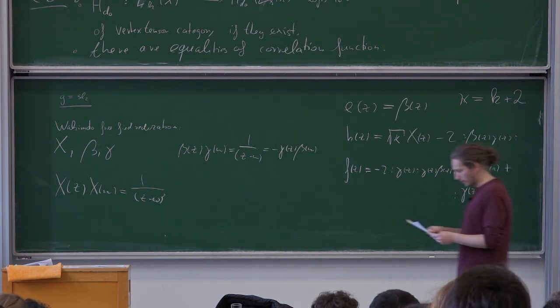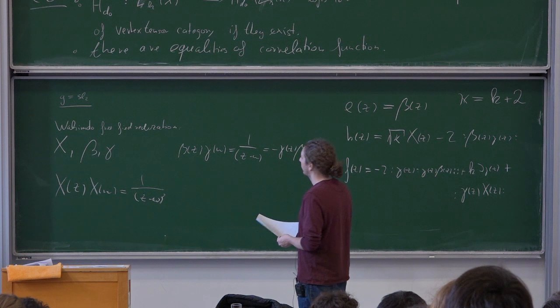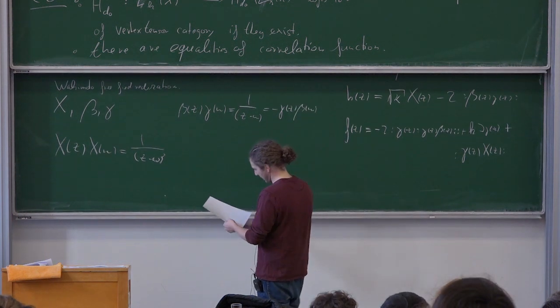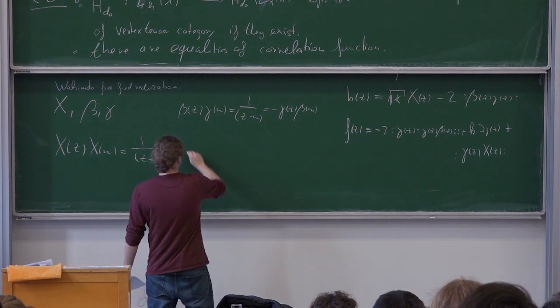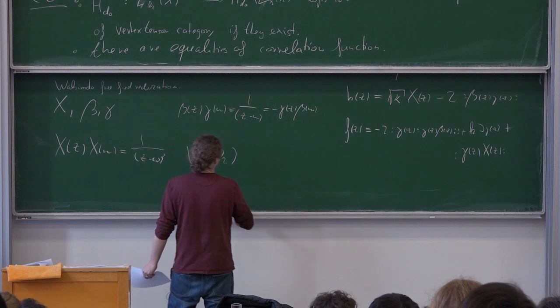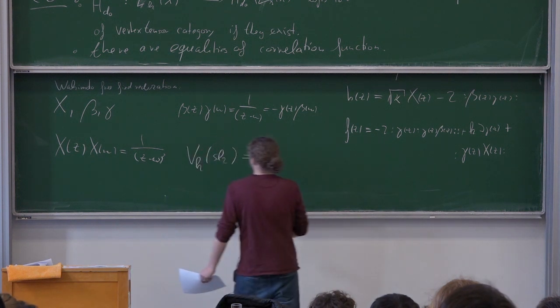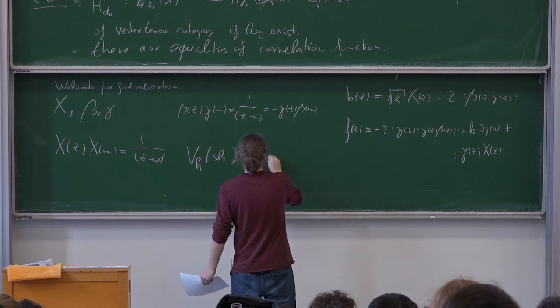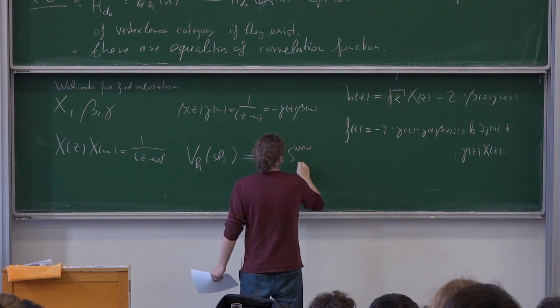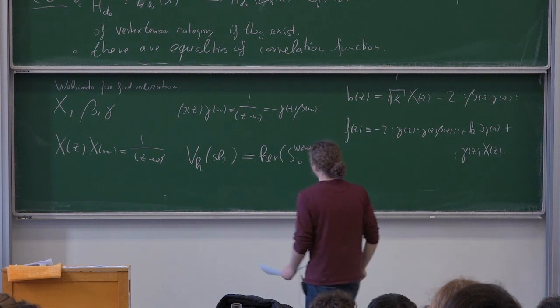And now one wants to characterize this precisely, and the statement is that the affine vertex algebra, so our Wess-Zumino-Witten theory of SL2 at level k, is what is called the kernel of a screening charge on this free field algebra.